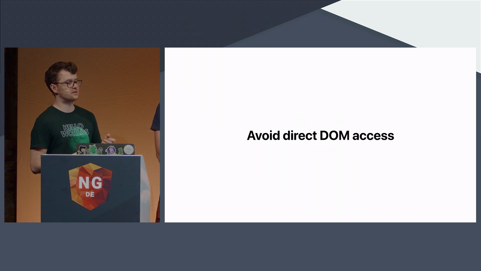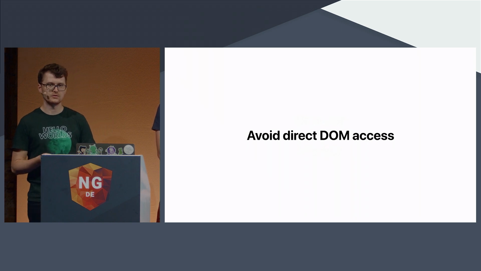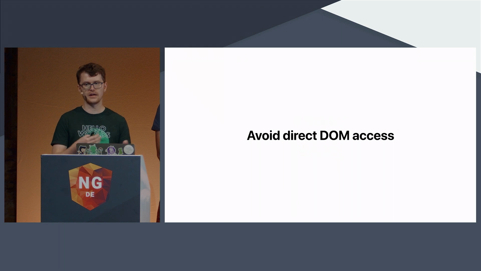So therefore, avoid direct DOM access. You should, of course, let Angular handle DOM manipulations by using the template, but sometimes you have to do more stuff. And if you need to do more, in those cases, make sure to check whether you have a document in place or use the render abstraction layer of Angular to access the DOM. This makes sure that all your components can be rendered on any platform and not only in the browser.